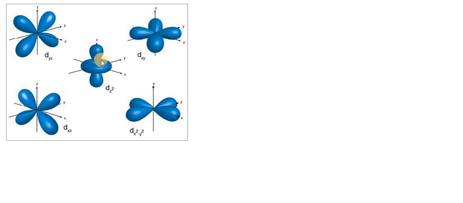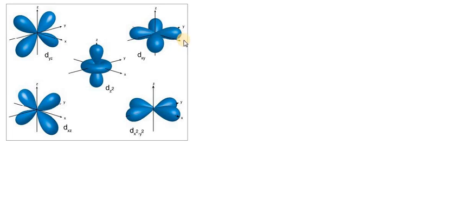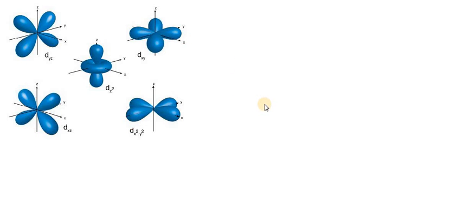But there is a ring here which actually intersects the x and y axes as well. Mostly the dz2 orbital lies more or less on the z axis, whereas dx2-y2 lies on the x and y axes. These are a total of 5 orbitals.